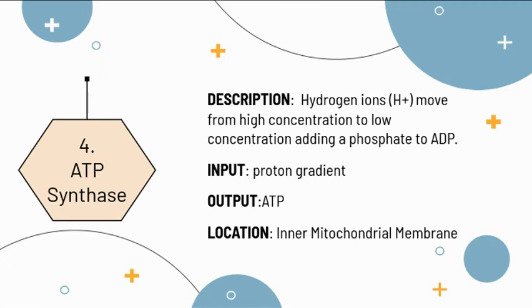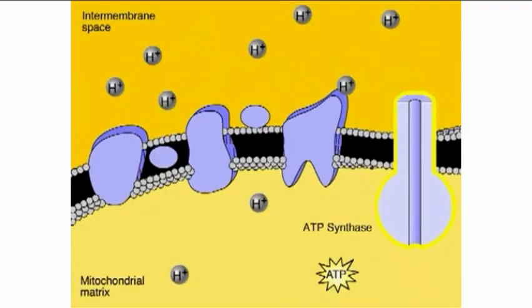So during ATP synthase, hydrogen ions move from a high concentration to a low concentration, adding a phosphate to ADP. So our input is our proton gradient, our output is ATP, and ATP synthase occurs in our inner mitochondrial membrane. So the cell uses a process called chemiosmosis to produce ATP.